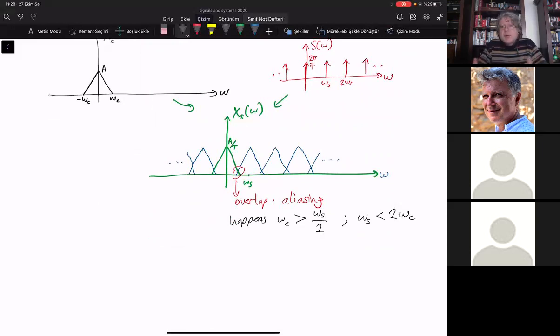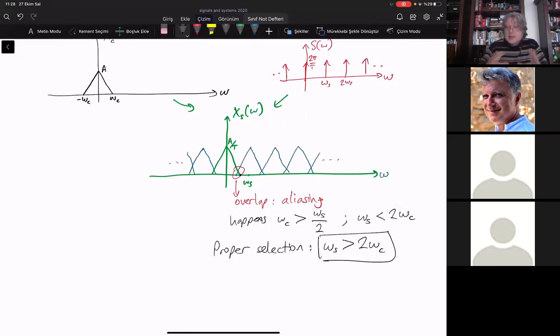So in order to avoid such instances, if our signal is band limited, if there is a cutoff frequency of our input signal, then we have to choose the sampling frequency omega s to be greater than twice omega c. So the proper selection requires omega s to be greater than 2 omega c to avoid aliasing, okay?